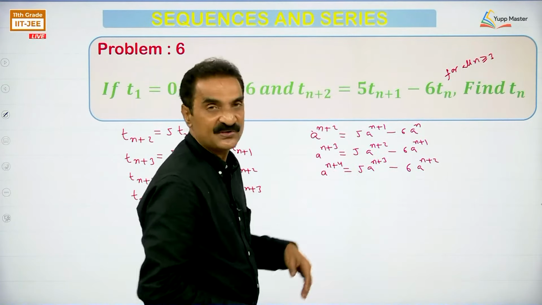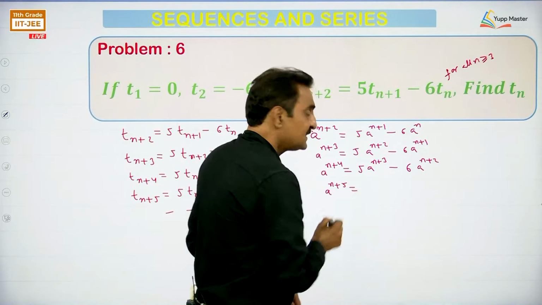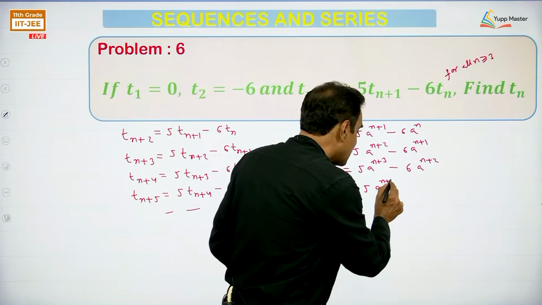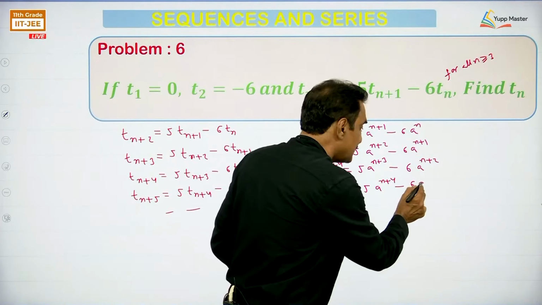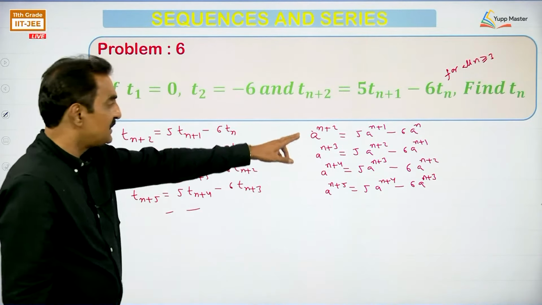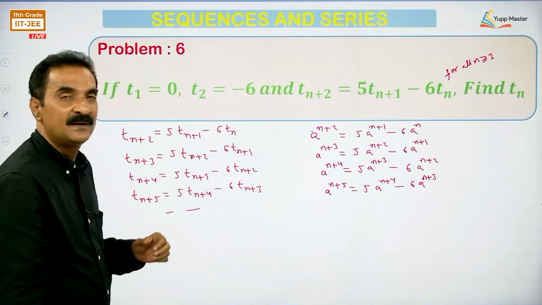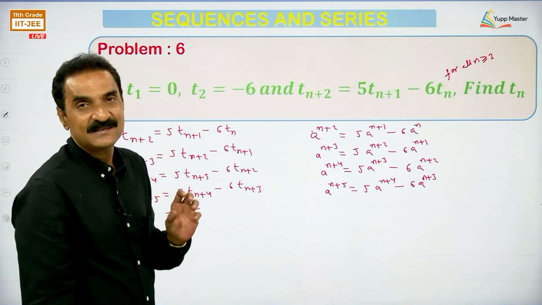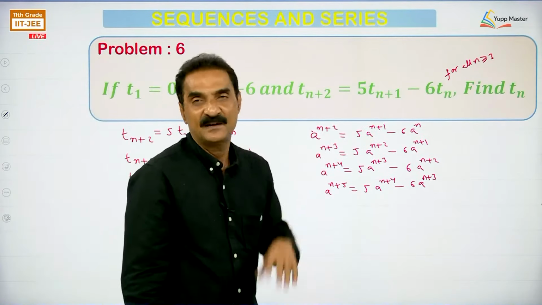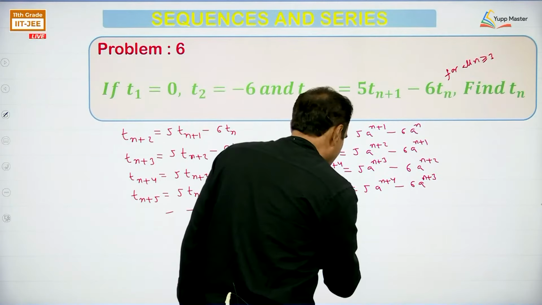Again, multiplying both sides by a, a power n plus 5 is equal to 5 a power n plus 4 minus 6 a power n plus 3, and so on. Observe that these relations are in the same form as those relations. So, you can guess the nth term Tn as a power n. Therefore, Tn is equal to a power n.